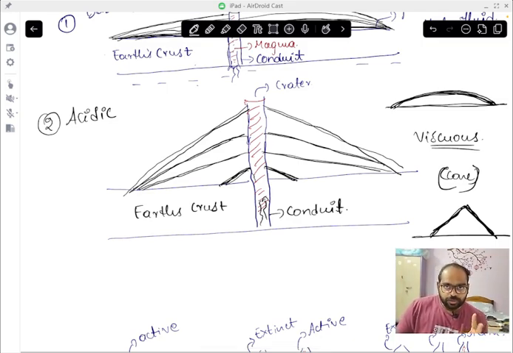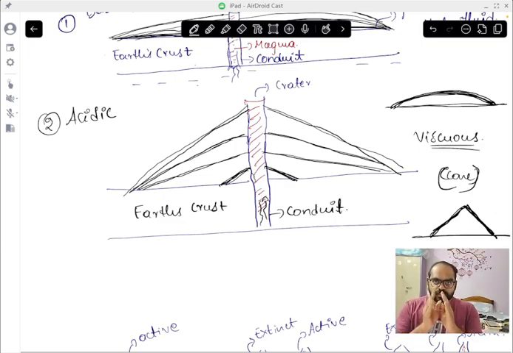So we have learned about two types of lava, basic and acidic. The basic lava tends to form a dome-shaped volcano, and acidic lava tends to form a cone-shaped volcano. Okay, basic lava is highly fluid in nature, so it travels for longer distances, and acidic lavas are viscous in nature, so they cannot travel for longer distances and get solidified in the form of a cone.